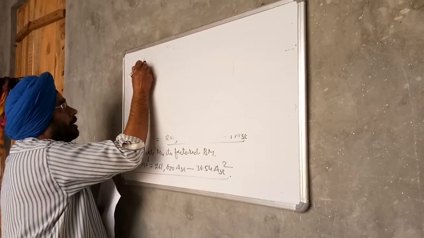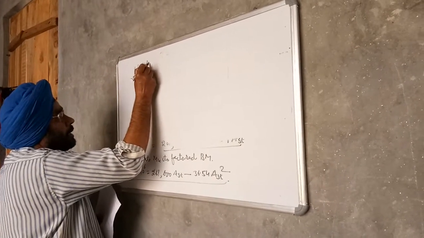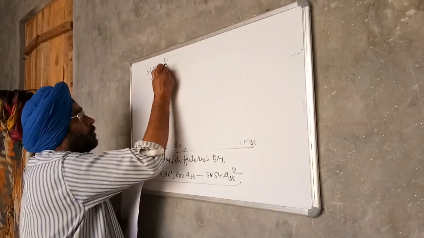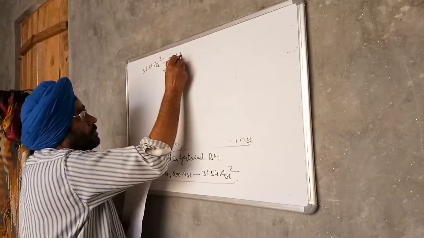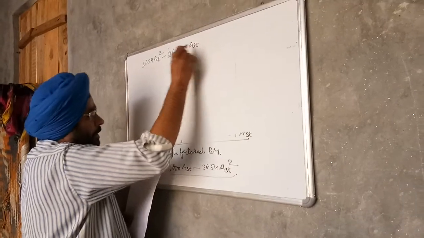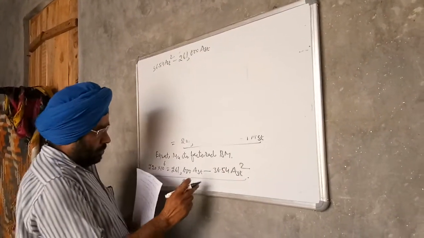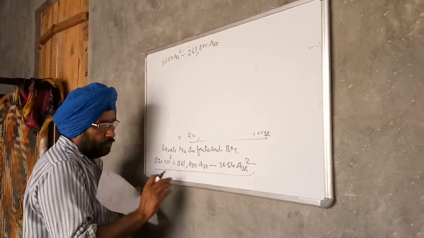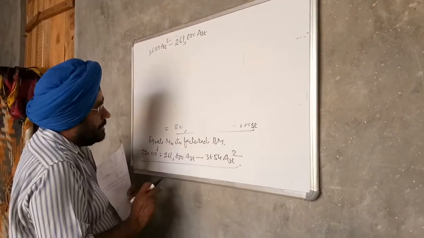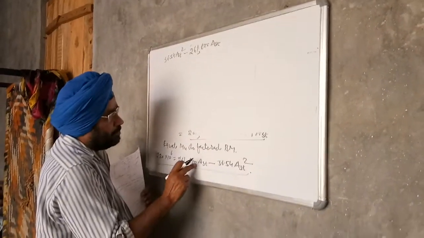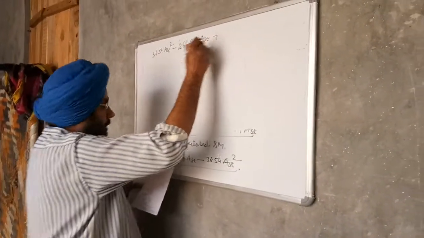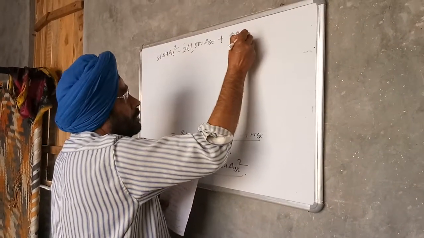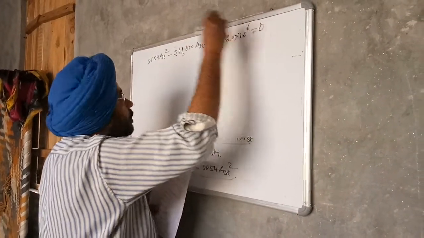Taking this value on the left hand side, we get 36.54 AST square minus 261000 AST plus 220 into 10 raised to the power 6 is equal to 0.